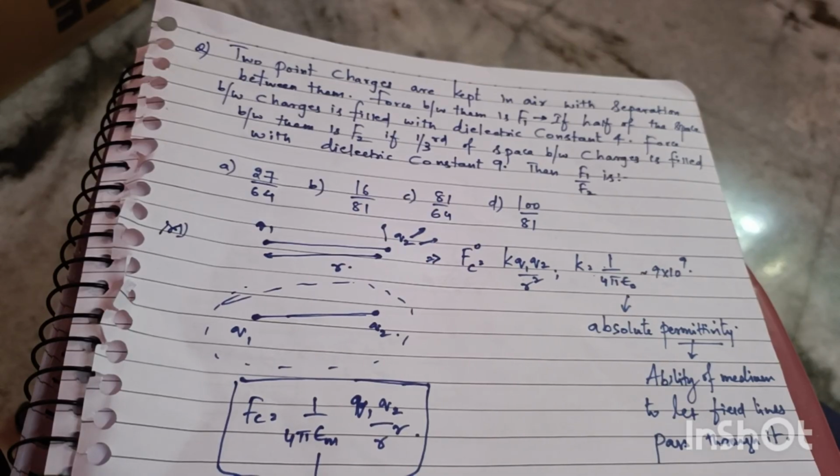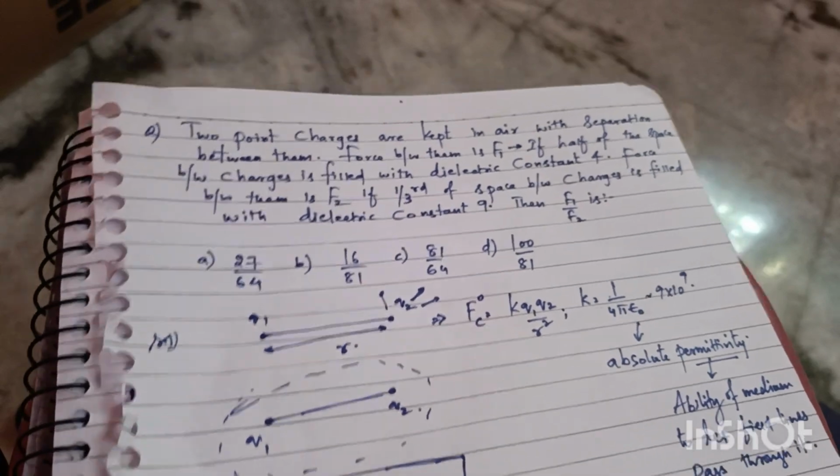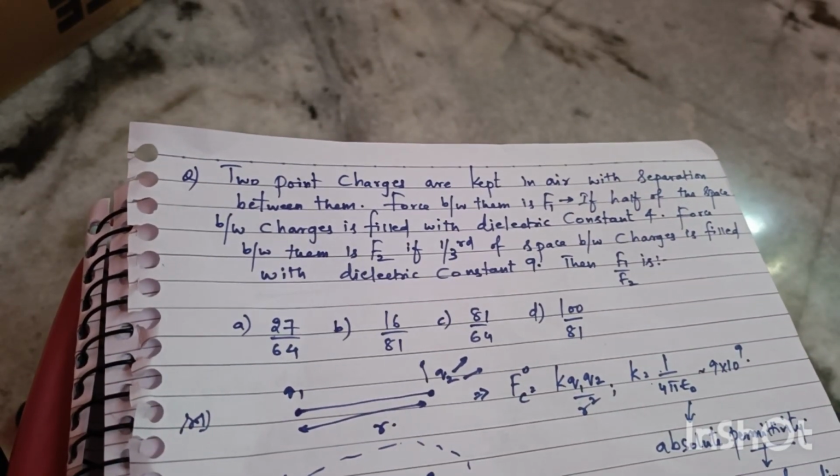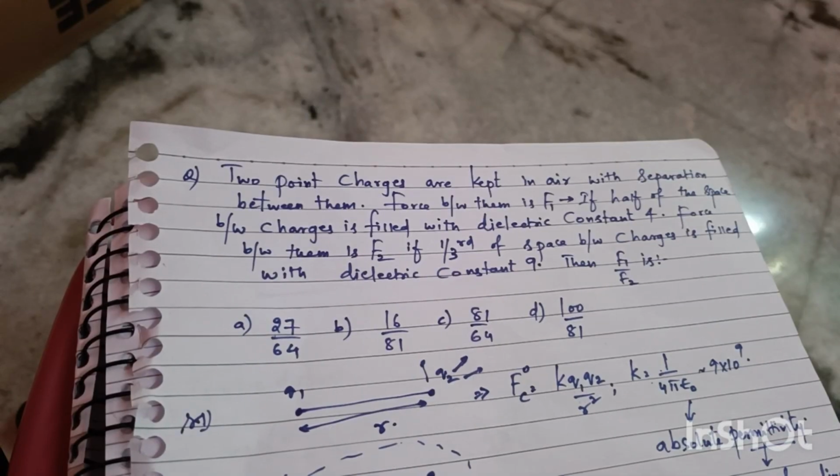So in the previous video, I discussed a basic problem regarding electrostatic repulsion between two charges, right? And this is the next one. What they've given is that two point charges are kept in air with some separation between them. Force between them is F1.